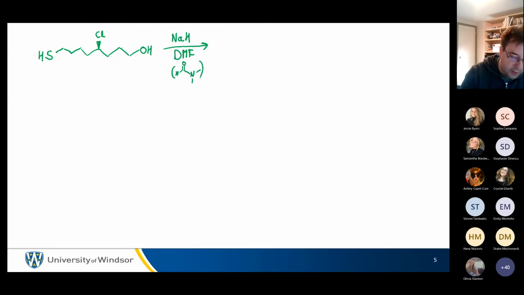The DMF is solvent. Again, we're going to run this one really cold. Well, not really cold, but 0 degrees. We wouldn't heat it.